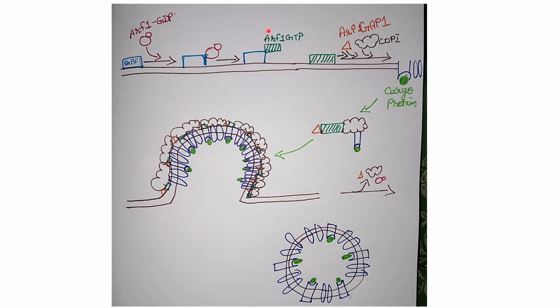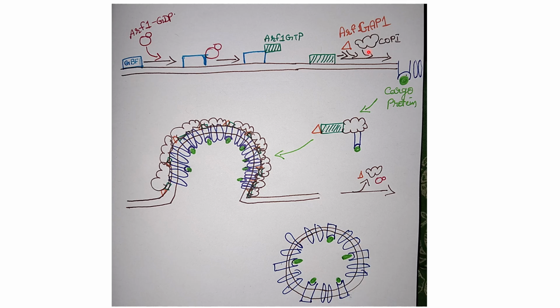Once ARF1 gets bound to GTP, there will be a conformational change in the ARF. See here, first it was a circle, now it has become a rectangle. As a result of this conformational change, ARF1 will expose a myristoyl group. With the help of this myristoyl group, ARF1 GTP will bind to the membrane. Once bound to the membrane, it will recruit ARF GAP1 and COP1 proteins.